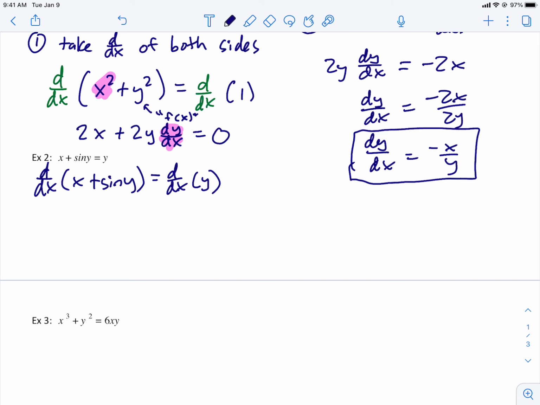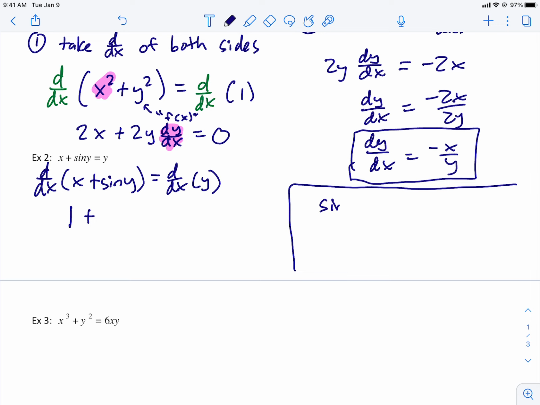the derivative of x is just 1 plus, and now remember, here's where I'm going to explain again why we have this dy dx popping up.